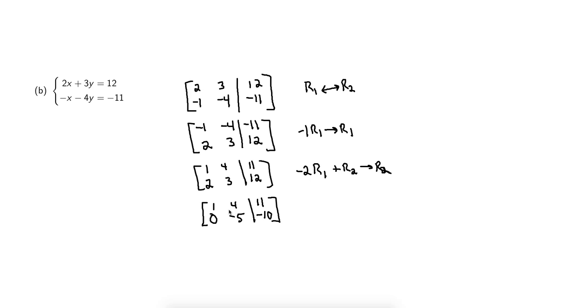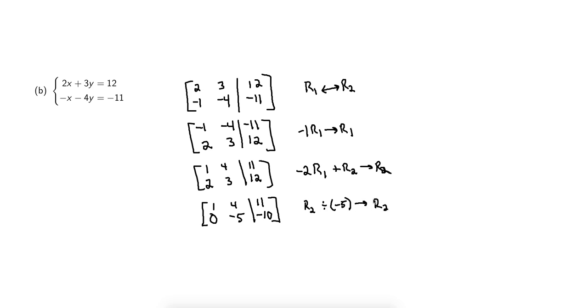So now we have this -5. We want to get this equal to 1. We can take row number 2 and multiply it by -1/5. You can also, if you want, I'll let you get away with row number 2 divided by -5, which is the same as -1/5 times row number 2. That's going to be our new row number 2.